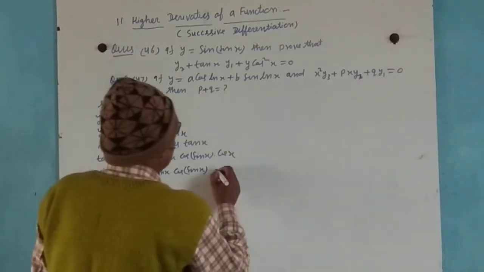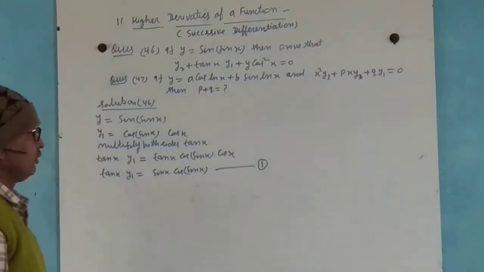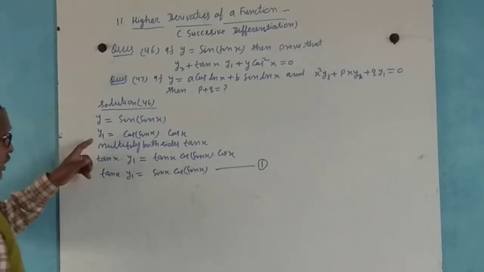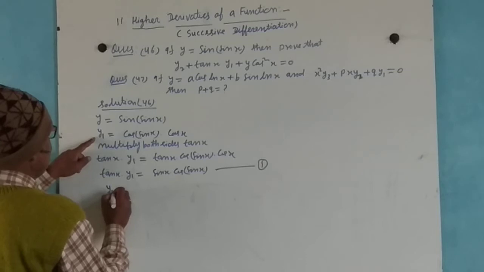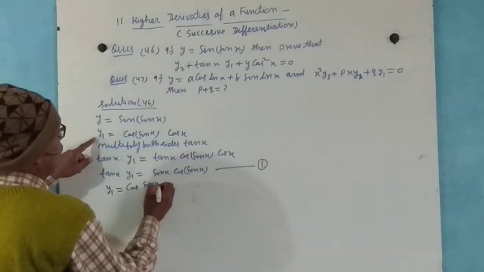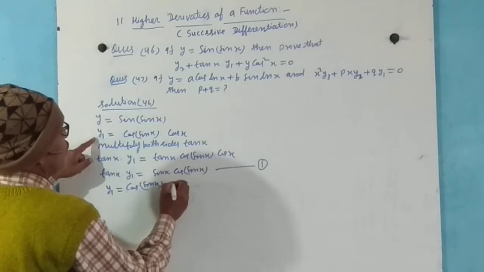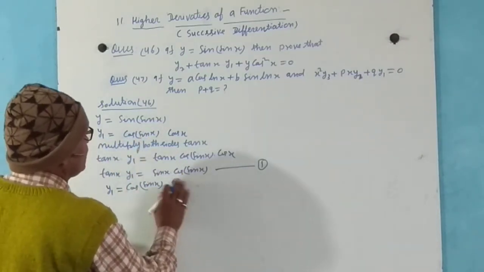This is relation 1. And here y1 equals cos of sin x into cos x.